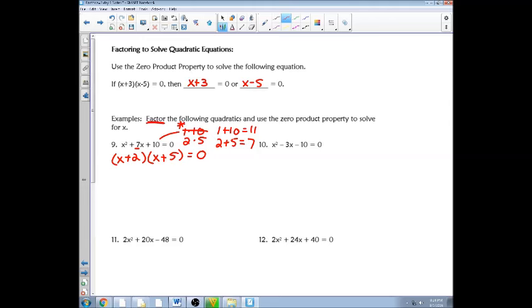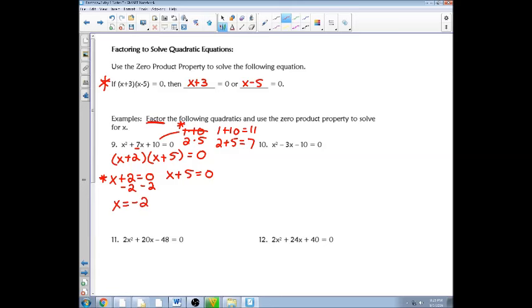Now, going back up here, using the zero product property, since I have x plus 2 times x plus 5 is equal to 0, I can now say that x plus 2 is equal to 0 and x plus 5 is equal to 0. In order to solve this first problem, I can just subtract 2 from both sides.